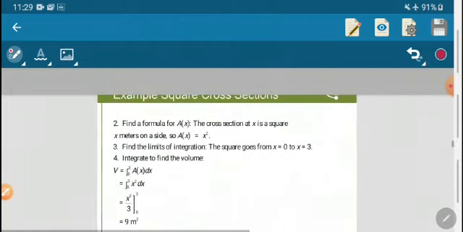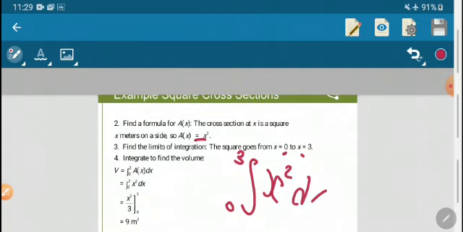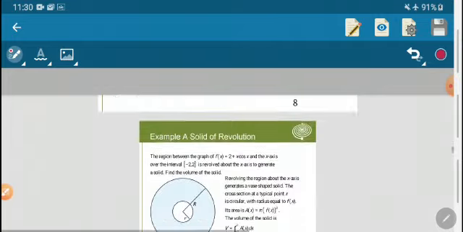Here we already found the formula, which is x squared, and we can just find the integration of x squared dx from 0 to 3. After integrating and replacing x by 3, the result will be 9. The first part is finished: how to use cross sections to determine the volume.